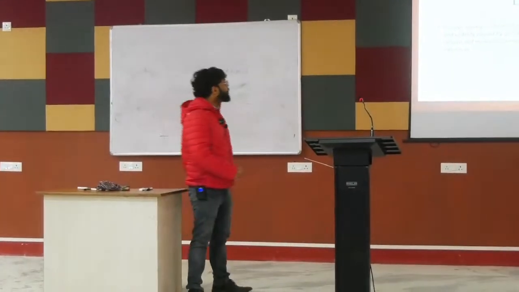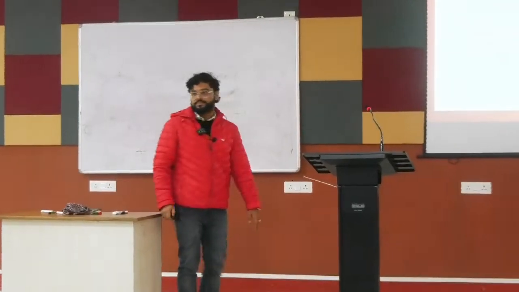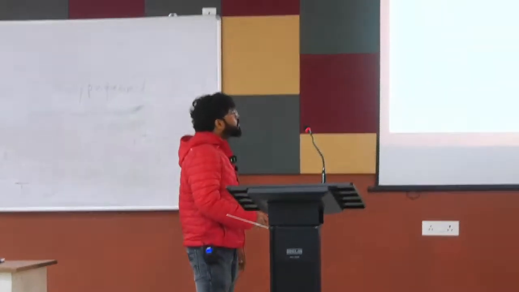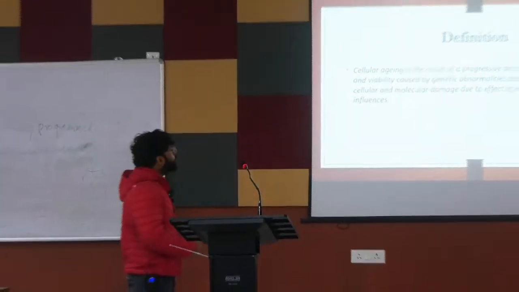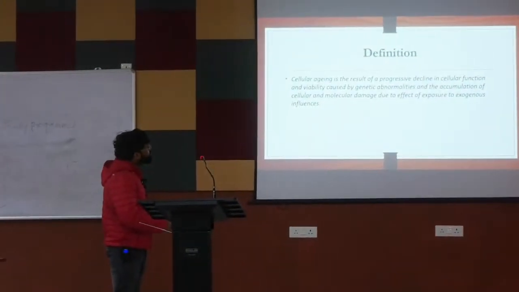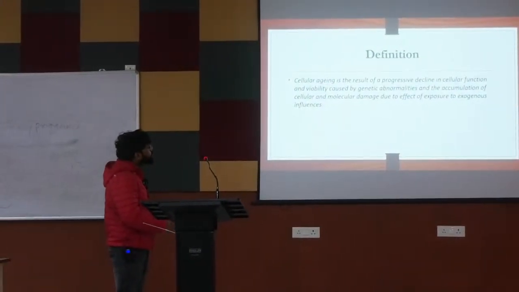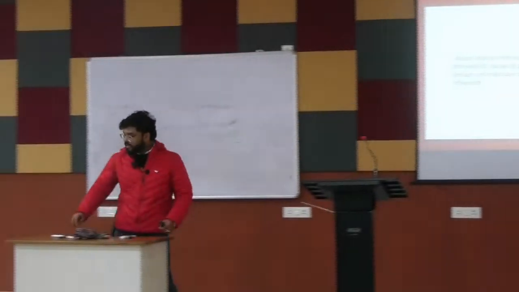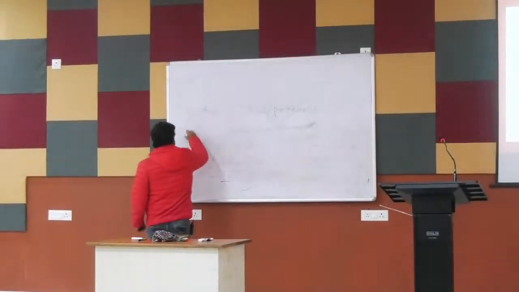Progressive decline of what? Cellular function. Due to some factors. Factors are genetic abnormality and accumulation of cellular and molecular damage. Why are these factors occurring? Due to exposure to exogenous influence. So three things are occurring in case of aging.